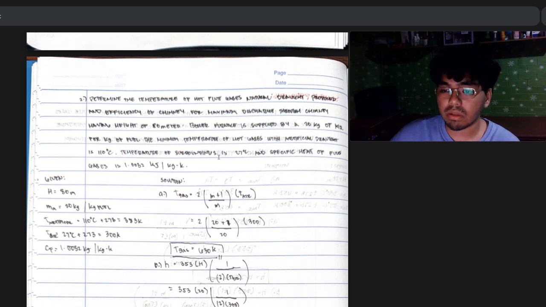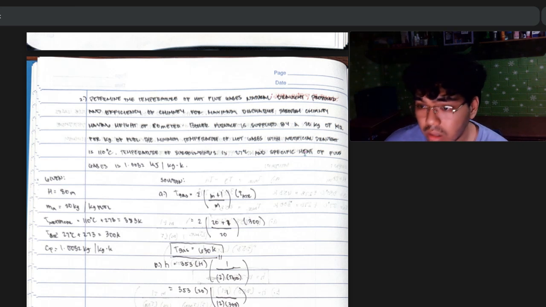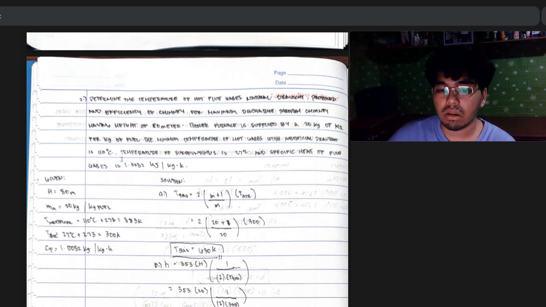The minimum temperature of hot gases with artificial draught is 110 degrees Celsius. The temperature of surroundings is 27 degrees Celsius and the specific heat of flue gases is 1.0032 kilojoules per kilogram per Kelvin.